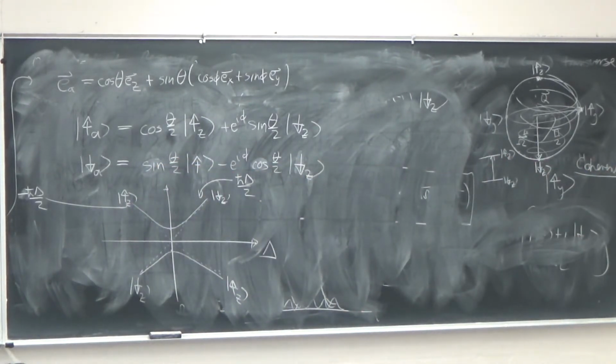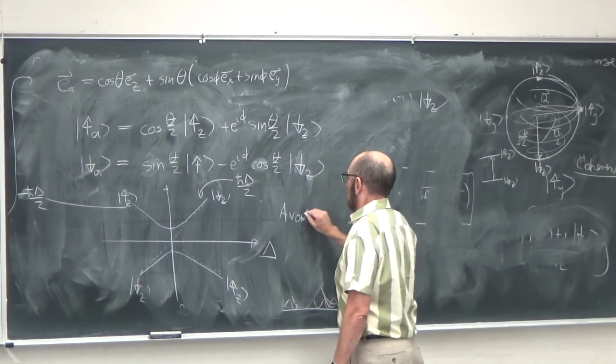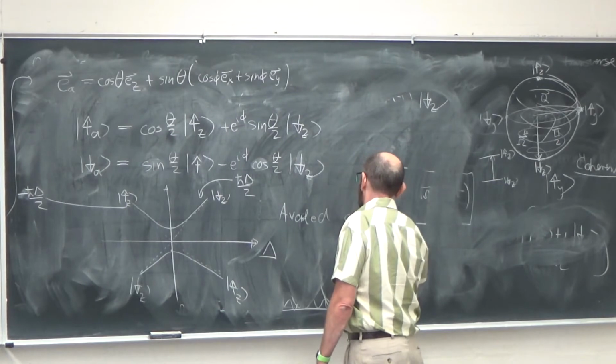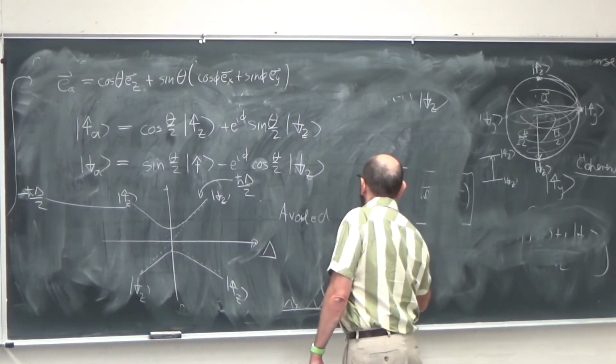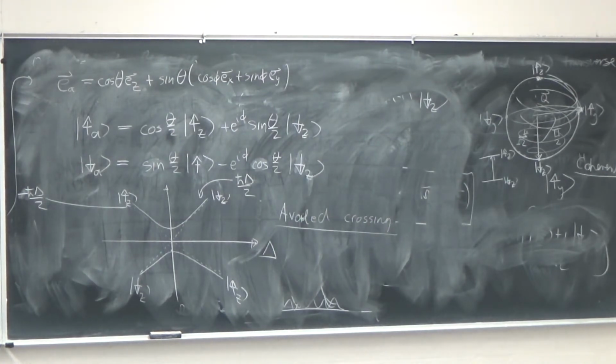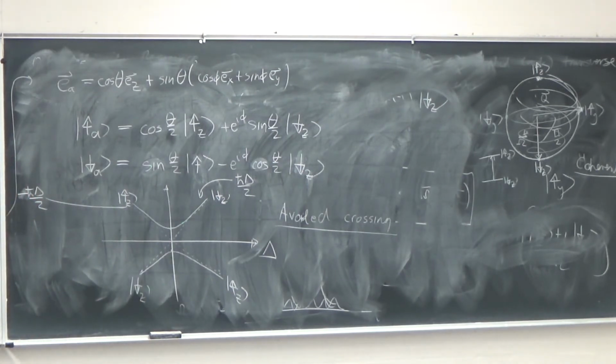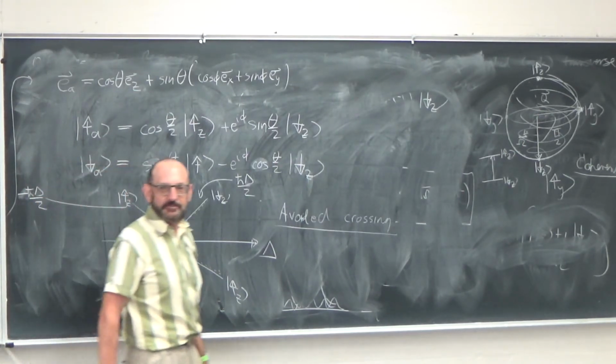This is what's known as an avoided crossing. That is to say, the two energy levels would cross and become degenerate in the rotating frame in the absence of the interaction.